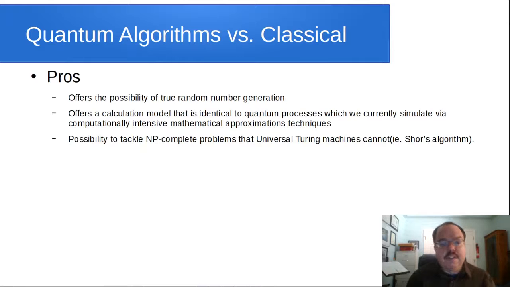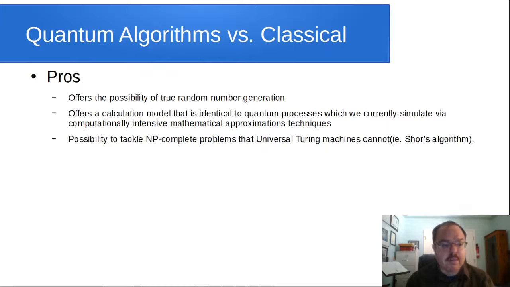Then it offers something, and this is why Richard Feynman, who was a physicist who first thought this up, was talking about how it was very complicated for computers to simulate quantum processes, and it would be easier if we just had a computer that used quantum processes. Then the simulator would actually just be the computer.